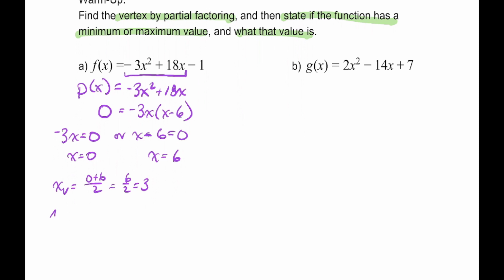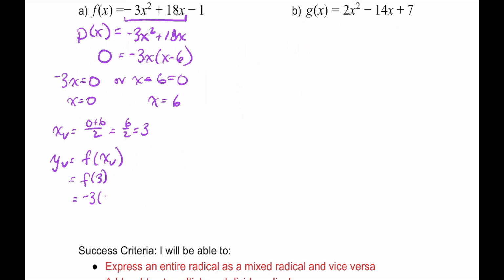In order to get the y coordinate of the vertex, we need to go back to our original function, in this case f, and we just plug in the x value that we found. So the x coordinate of the vertex is 3, so we need f of 3. Plugging in 3 to our equation, we get minus 3 times 3 squared plus 18 times 3 minus 1.